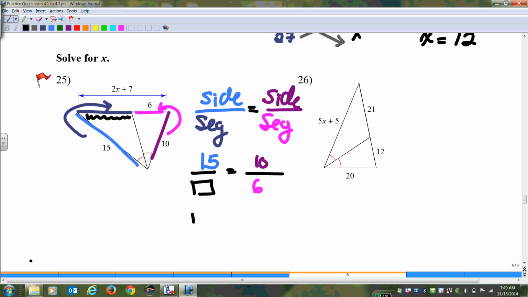Our box is going to equal 15 times 6 divided by 10. Cross these out. 5 goes in here twice. 5 goes in here 3 times. Going this way, box the 2 and the 6. 2 goes in here 3 times.